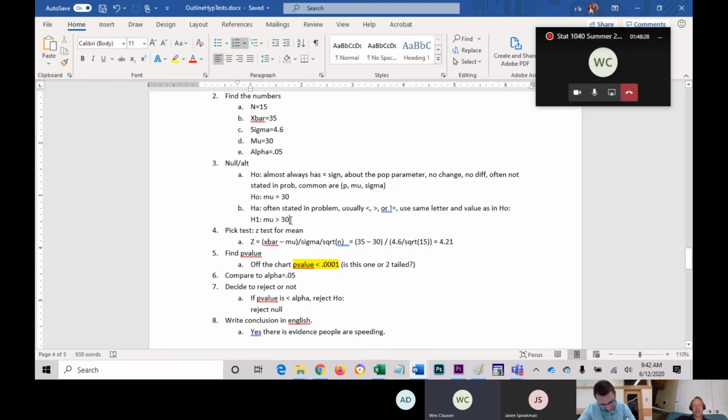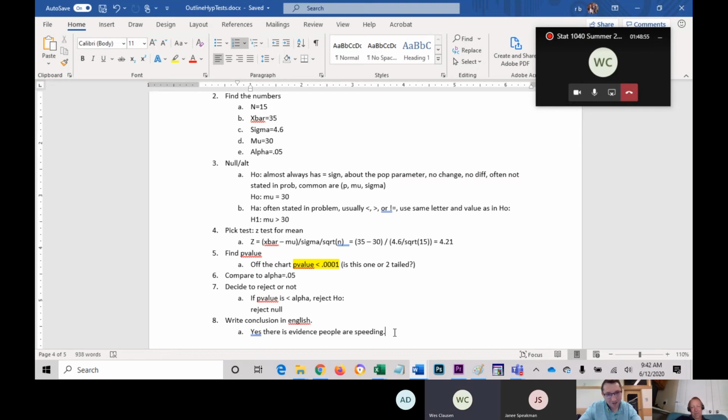So we think the alternative is true. We think people are going faster than 30. You should have agreed with Janie. Well done, Janie.